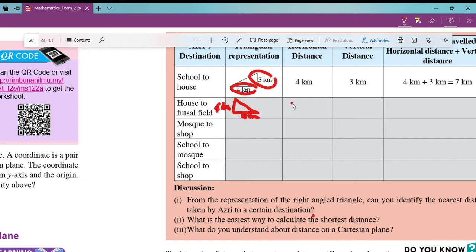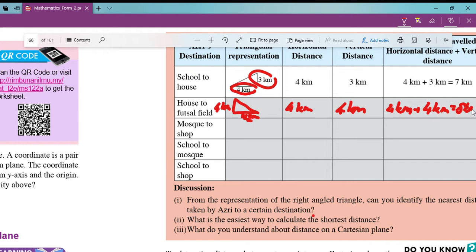So here is the horizontal distance, 4 km. Going up means the vertical distance is also 4 km. So in total you get 4 km plus another 4 km, so in total you get 8 km.